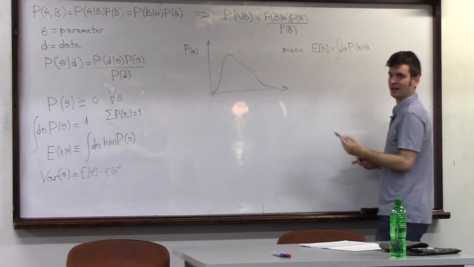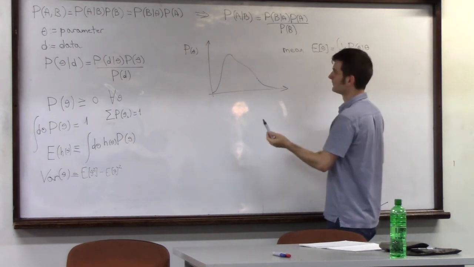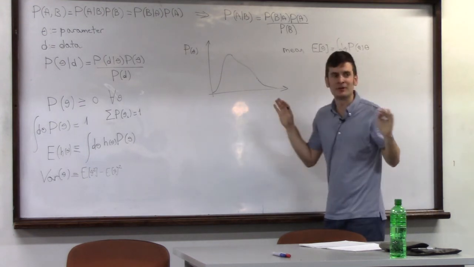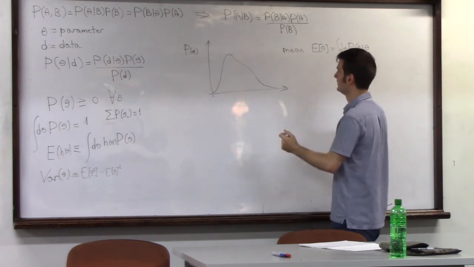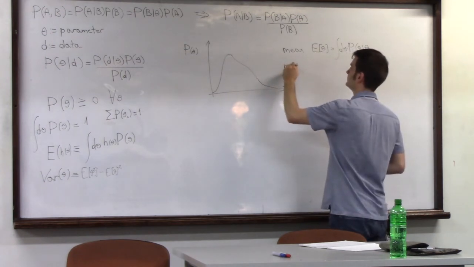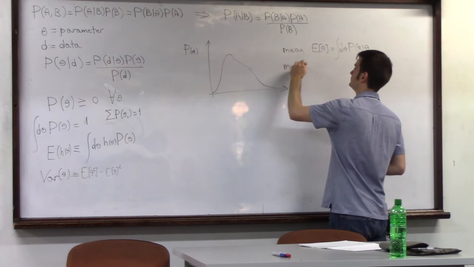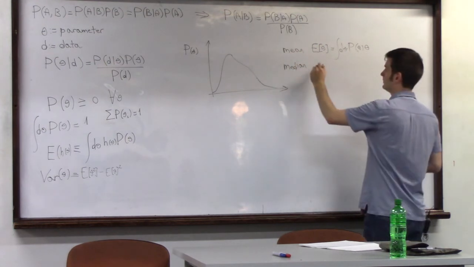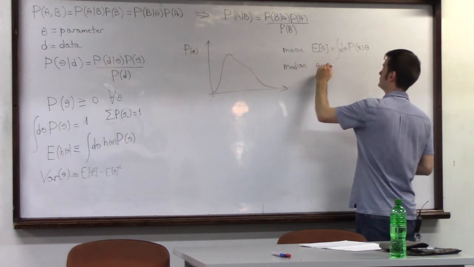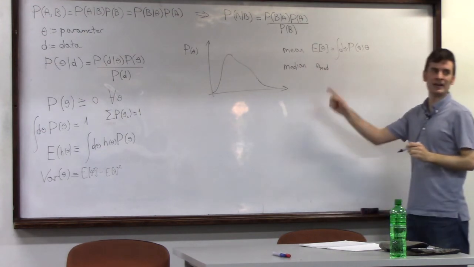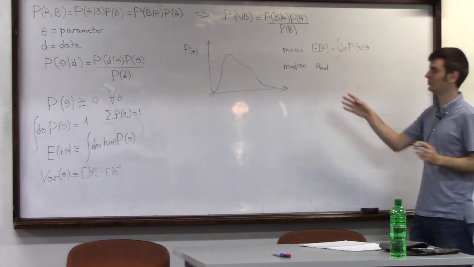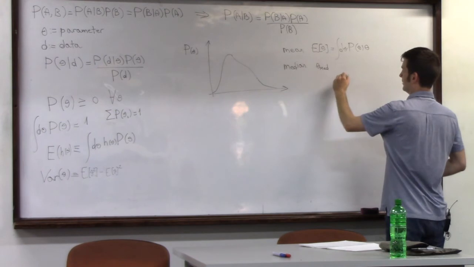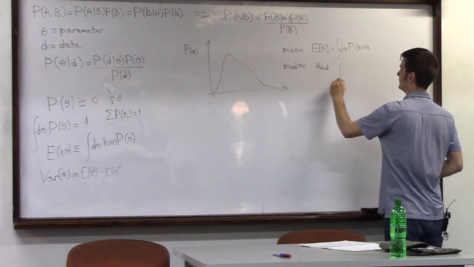Another way of quantifying the typical value of this distribution is the median. So the median is that value of the parameter for which we have this.